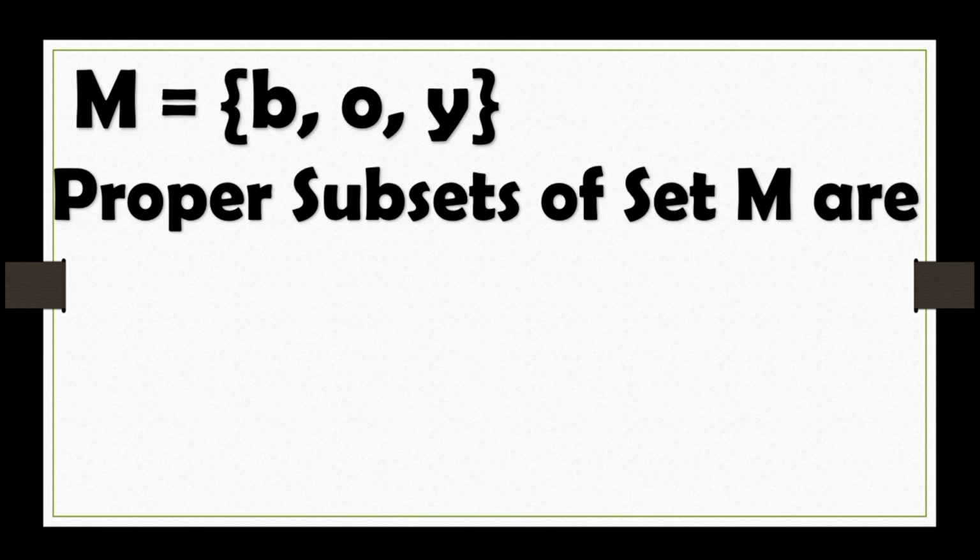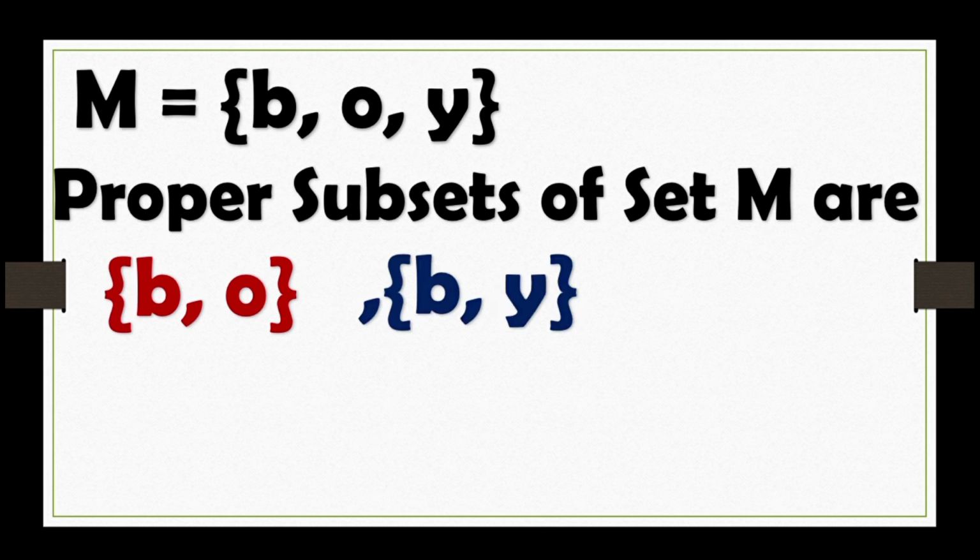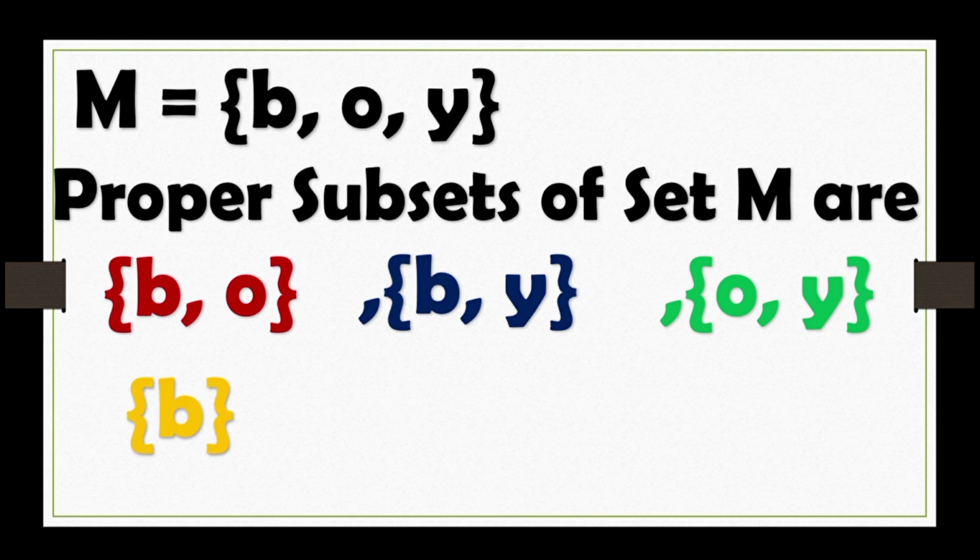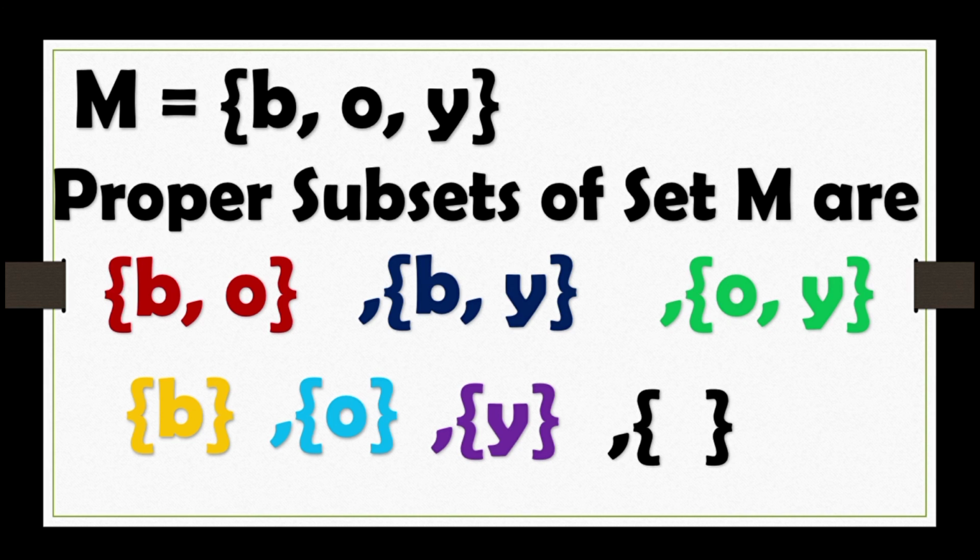On the other hand, using the same example, proper subsets of set M are sets with elements BO, BY, OY, B, O, Y, and a null set. Here, we have 7 proper subsets, and the set with elements BOY is not included.